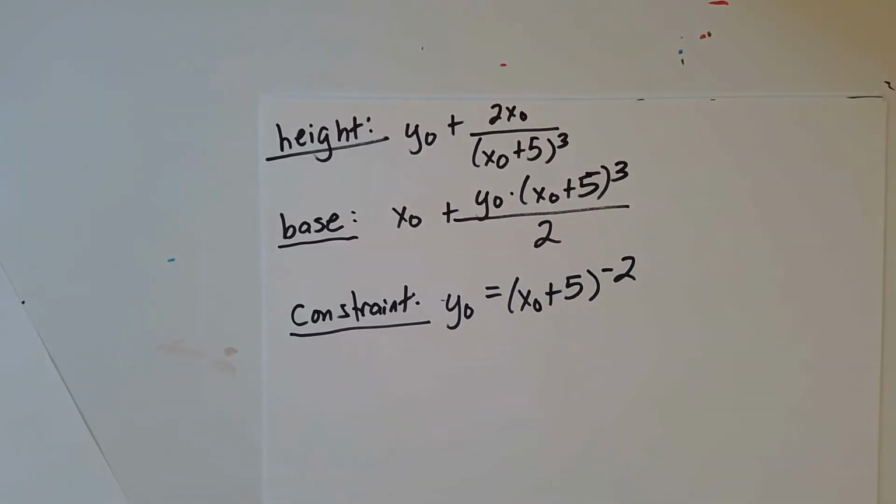That's the statement that the point (x naught, y naught) is actually on the graph we just spent all that time finding the tangent line to.